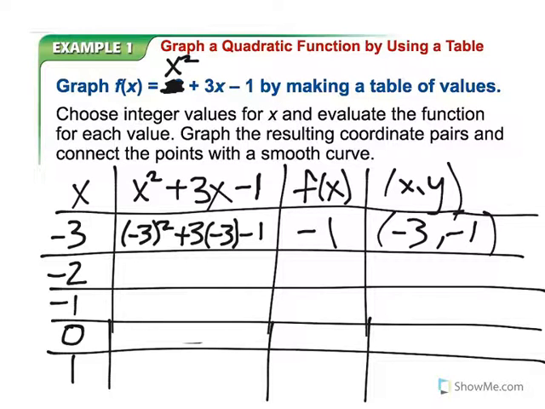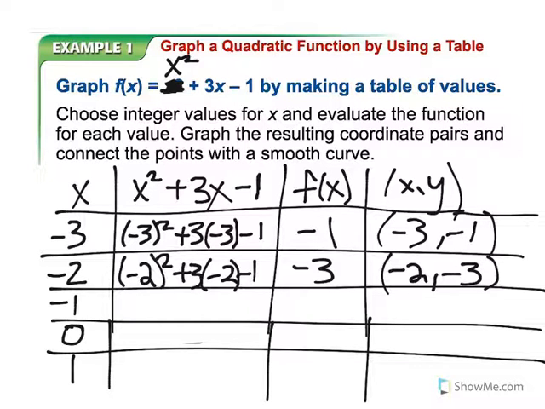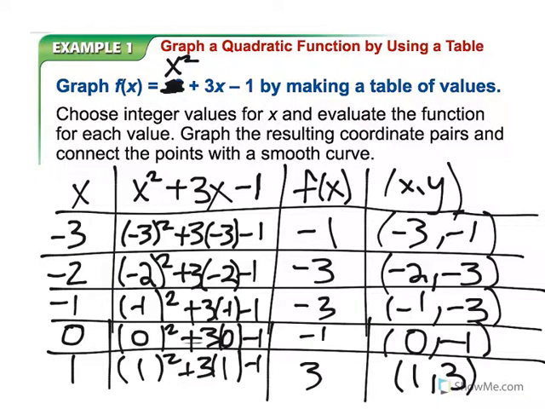We're going to plug it in everywhere we see an x, and we get negative 3. That means we're going to plot the point negative 2, negative 3. When we fill out the rest of the table, we get the following points. So now we're actually going to plot these on the graph and connect them with a smooth curve. And we should be able to see how the curve should look.